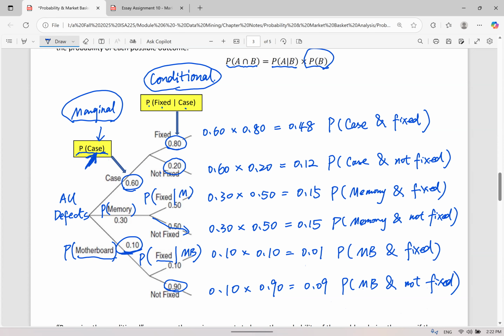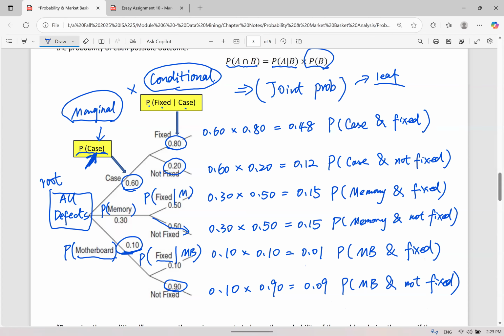Now we multiply the marginal probability with the conditional probability, and we have the third step, the joint probabilities. So the structure of the probability tree is done here. We start with all the defects, which we call the root, and then we have different branches until we have the joint probability, which we call the leaf of the tree.